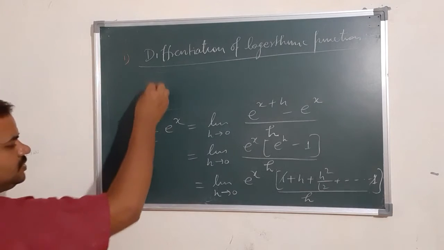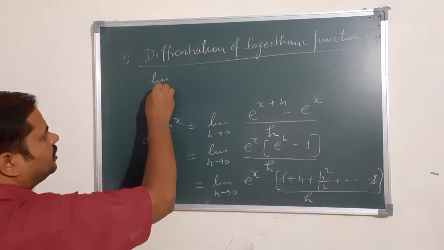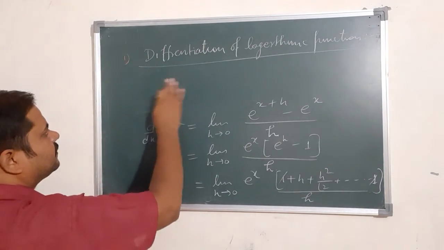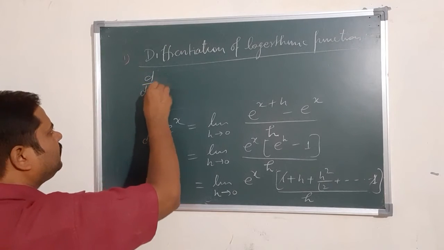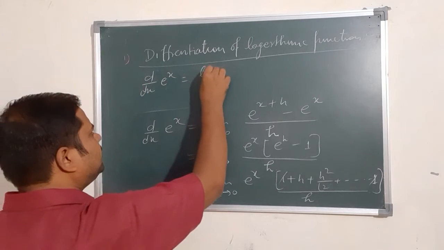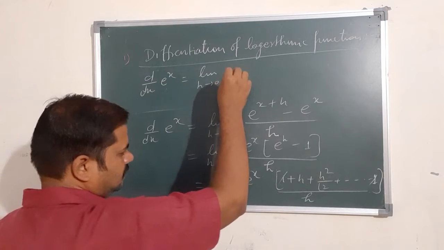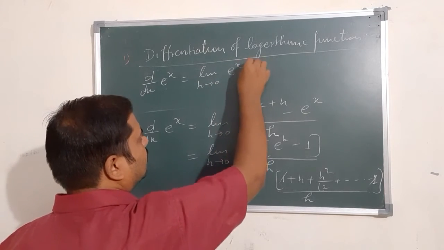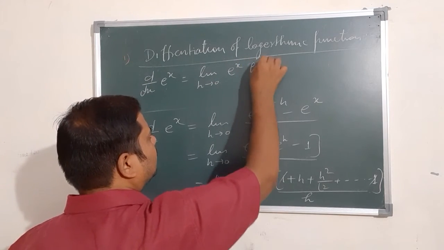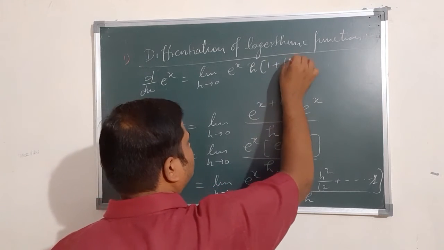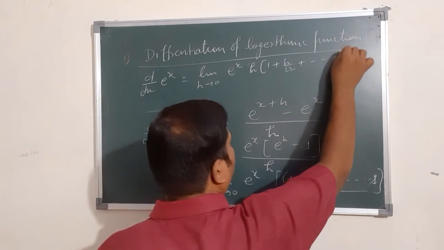So d by dx of e to the power x is limit h tends to 0 of e to the power x times 1 plus h upon factorial 2 plus dot dot dot.